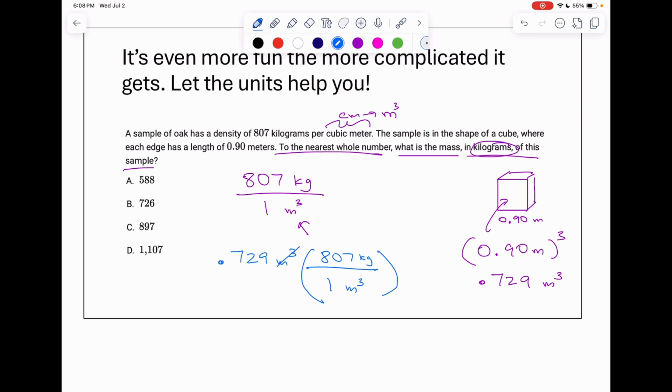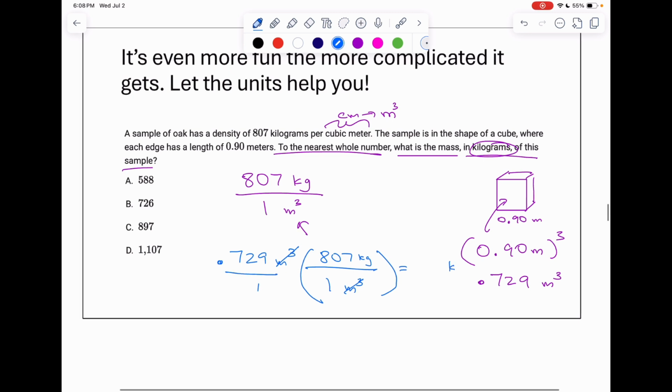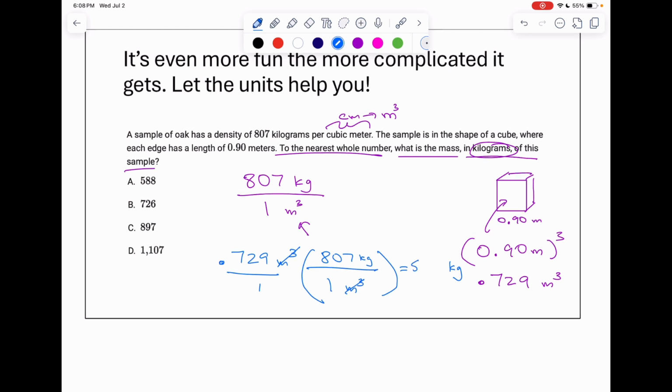They're going to cancel each other out, and we're going to be left with just our numerators multiplied together and our answer in kilograms. 0.729 times 807 gives us 588.303. Sorry, getting a little squished there. And that's closest to 588.